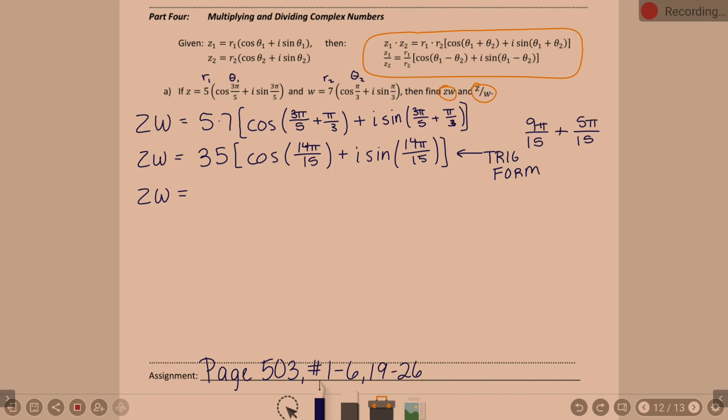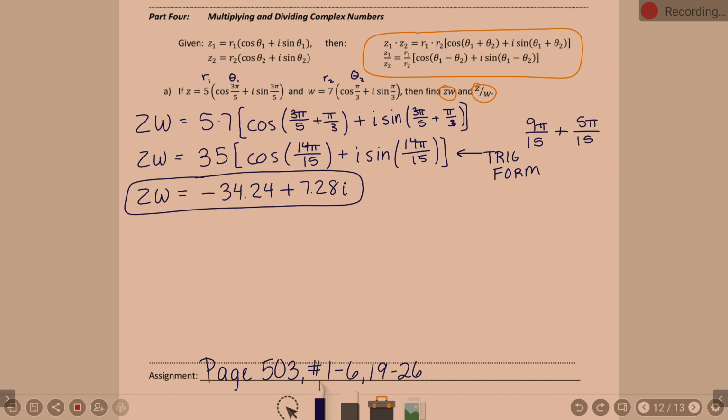If I do this to two decimal places, 35 times cosine of 14 pi over 15 is going to be negative 34.24, plus, and now it's the 35 sine of 14 pi over 15 times I, so I could write that as 7.28 times I. I would say be able to put it in both forms.